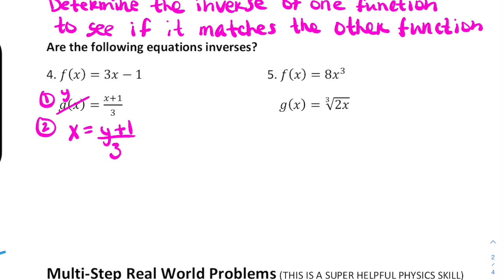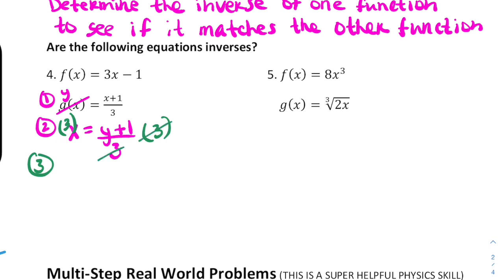And now step 3, I'm going to use green. Step number 3 is to solve. So in order to solve, I need to get rid of this 3 that's being divided. So I'm going to multiply both sides by 3 in order to get rid of the 3.